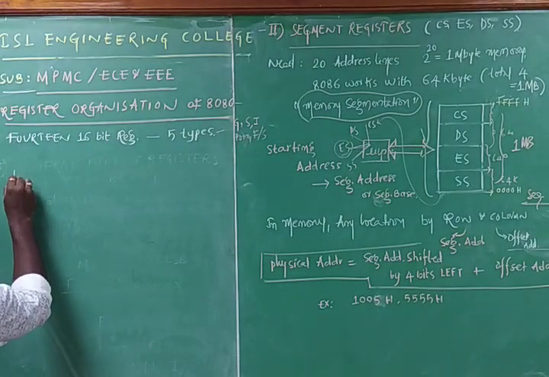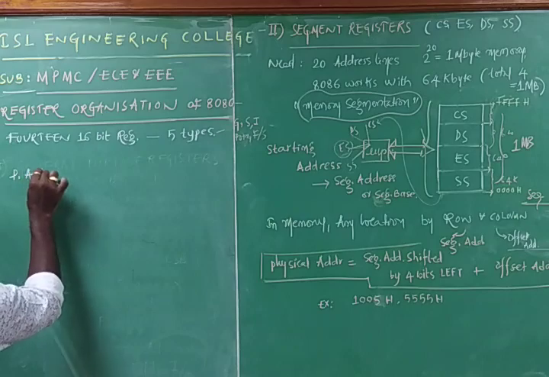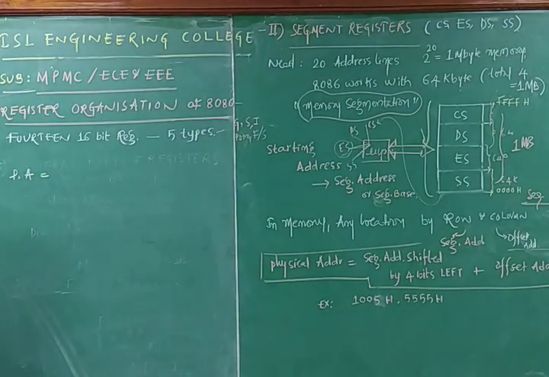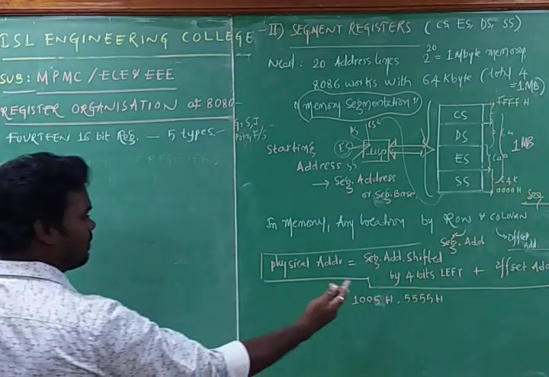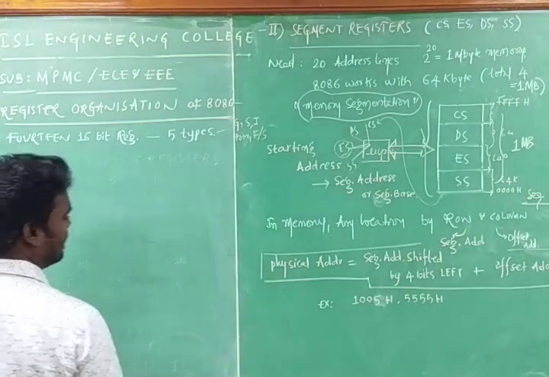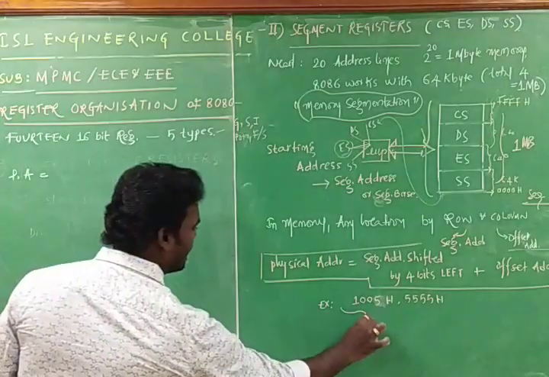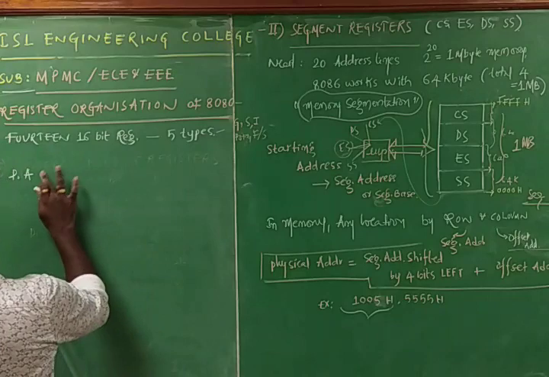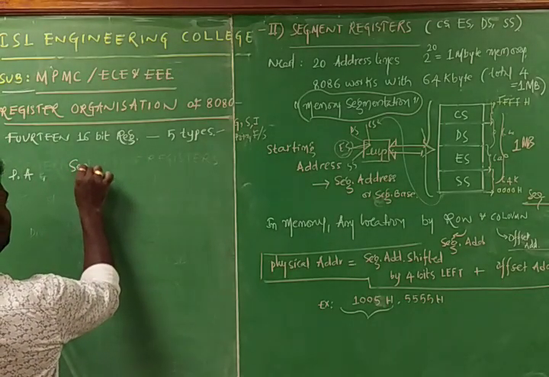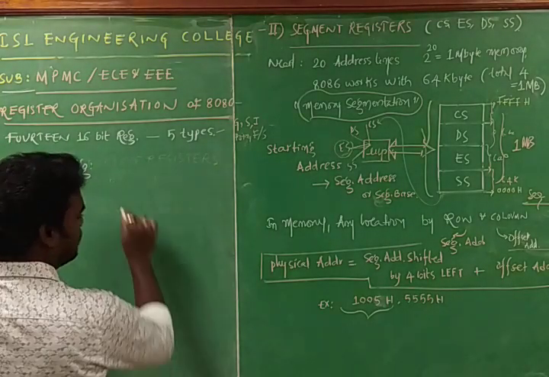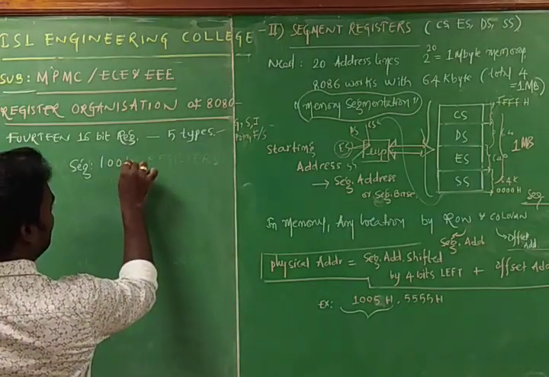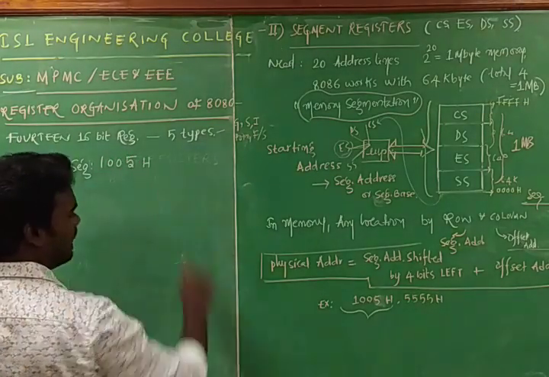We need to calculate the physical address, that is equal to the formula: segment address shifted by 4 bits left plus offset address. Here this one is a segment address, and the segment address is given as 1005H. H is nothing but hexadecimal number.